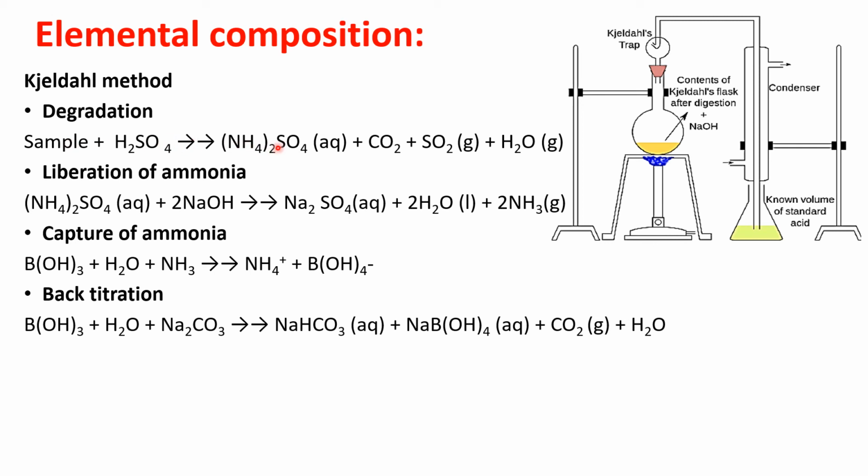So ammonium sulfate has 2 ammonia in it. If you have 40 ammonium sulfate, that means 2 ammonia per ammonium sulfate. That means the sample has 80 ammonia molecules because each sulfate has consumed 2 ammonia molecules. Likewise, you can back calculate the number of nitrogens.